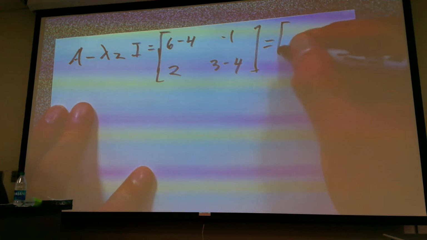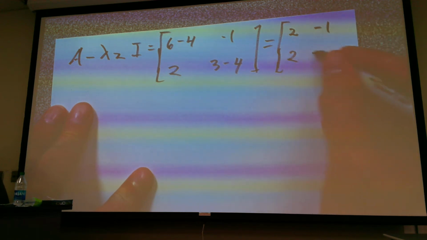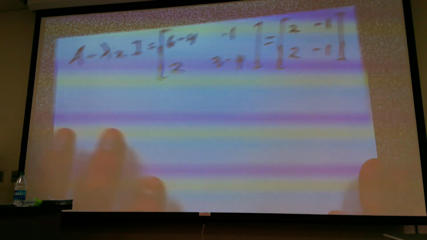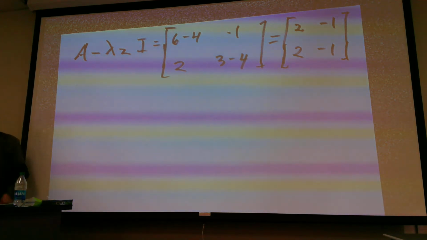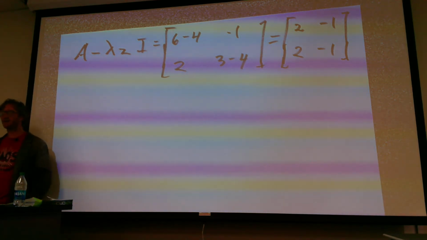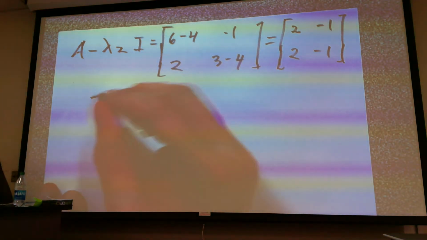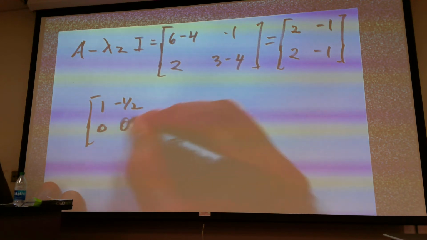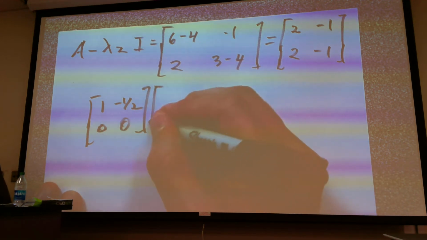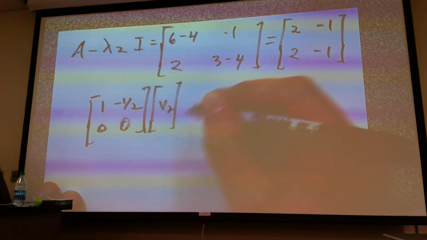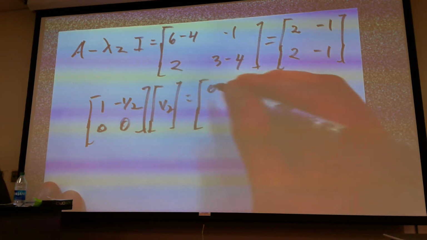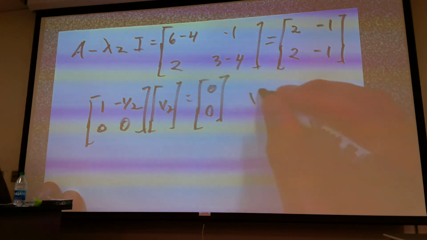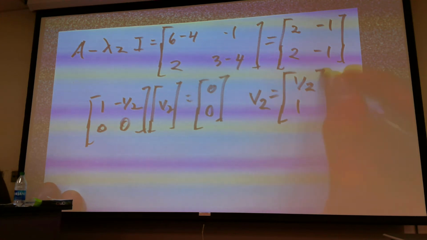Now 6 minus 4 would be 2, negative 1, 2, and negative 1. So we completely eliminate the bottom, and let's divide by 2. So this is going to be 1, negative 1/2, 0 and 0. Now acting upon v2 is supposed to produce 0 and 0. So v2 is going to equal 1/2 and 1.